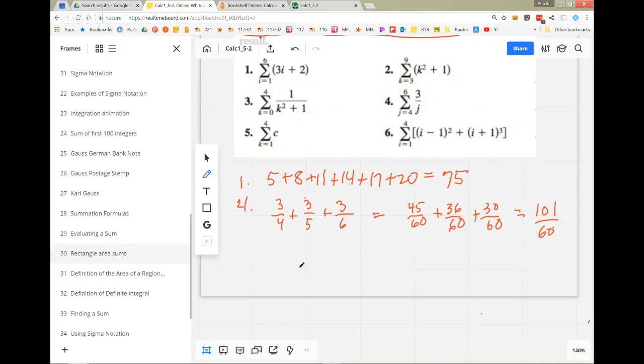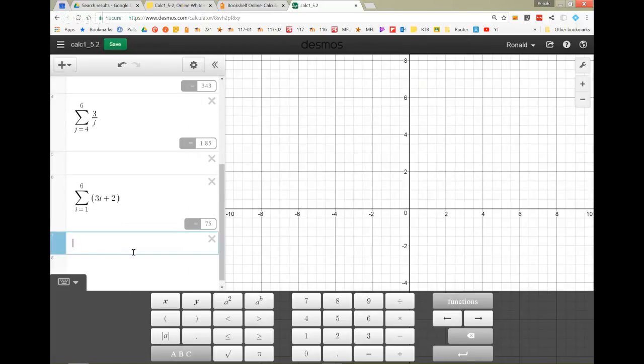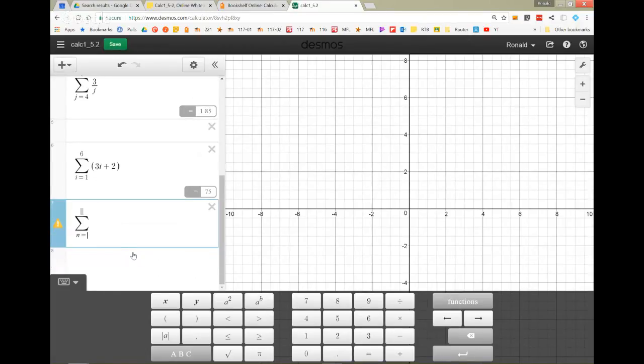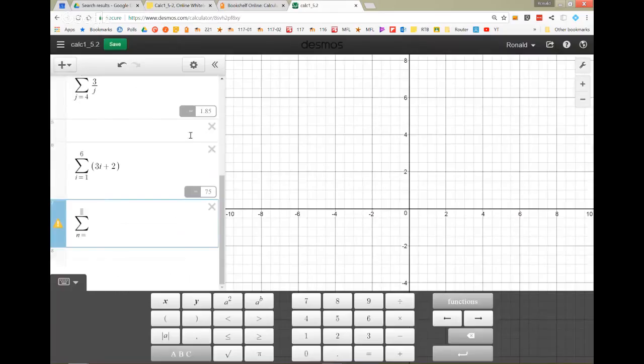Okay. Let's check that one out on Desmos. The sum from 4 to 6 of 3 over J. And we're using the variable J, so change that to a J, 4 to 6.